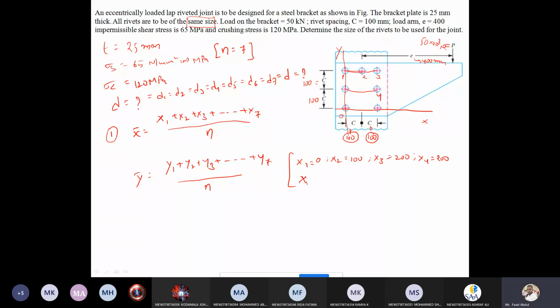Now x5, the fifth rivet, from the vertical axis the distance is total 200. And x6 how much? There is no distance, so 0. And x7.